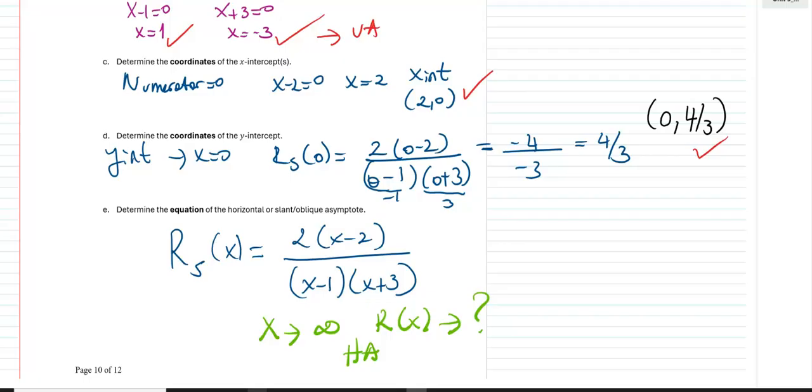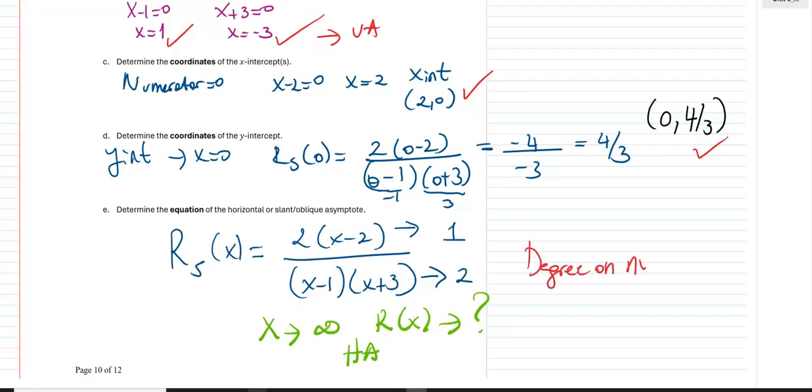So hence the degree on numerator is 1, degree on denominator is 2.